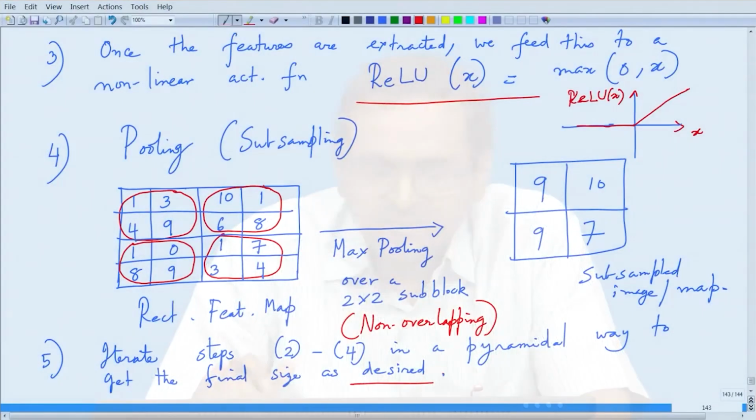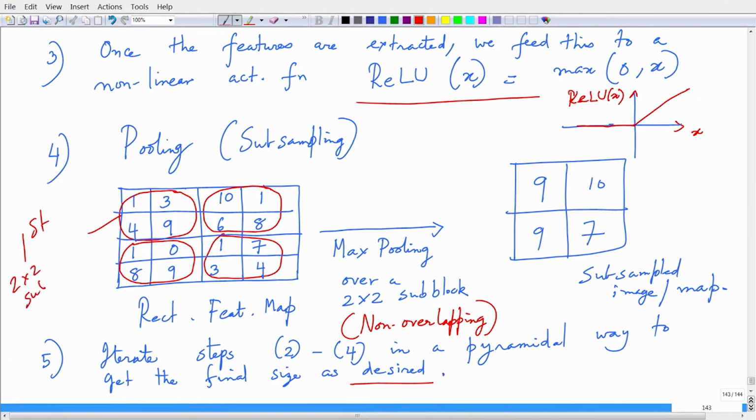So, once we do this, let us see how this operation happens. Let us consider this first 2 by 2 sub block of this 4 by 4 array. If we consider the array 1, 3, 4, 9, this is the first 2 by 2 sub block. When we take the max of this array, this gives us 9.